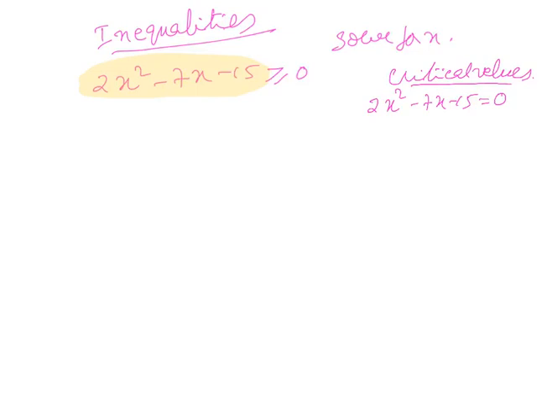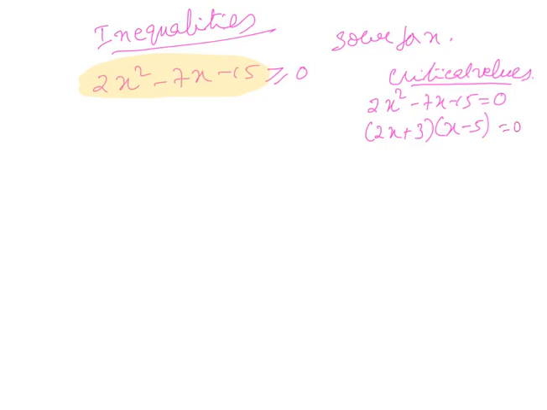Factors of 2 are definitely 2 and 1. Now I look for factors of 15. 1 and 15 will not give me it. I look at 3 and 5. So 3 and 5 might work. 2 times 5 is 10, and that will give me 10 minus 3. So 2x plus 3, x minus 5. If this is negative 10x and this is positive 3x, that gives me a difference of negative 7, equal to 0.